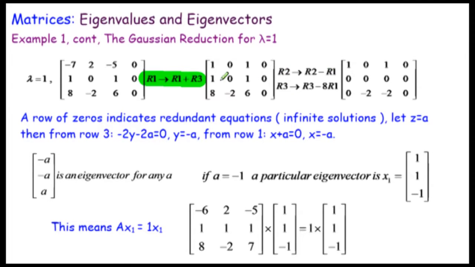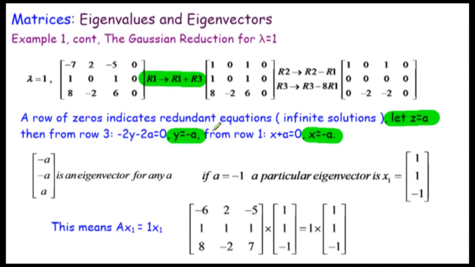If we take row 2 minus row 1 and make a whole row of zeros, this indicates it's a redundant system, and we let z equal a. From row 3 down here, we put in minus 2y minus 2z, which is now a, and then work out what y is, and then back substitute into the top row to get what x is.